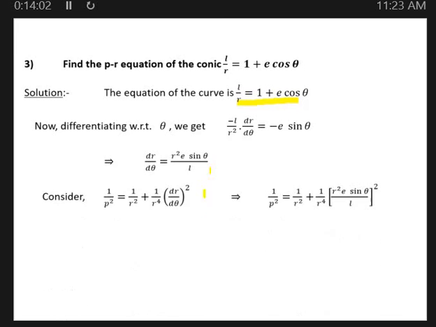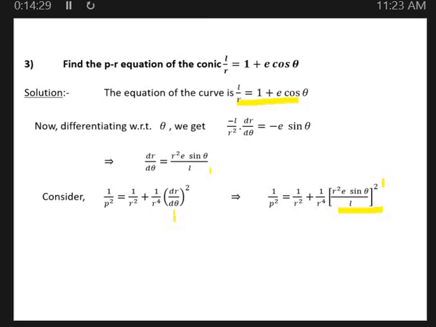So consider 1 by p square is equal to 1 by r square plus 1 by r to the power of 4 dr by d theta whole square. So this implies 1 by p square is equal to 1 by r square plus 1 by r to the power of 4 into dr by d theta, which we have substituted, that is r square e sin theta by l whole square.